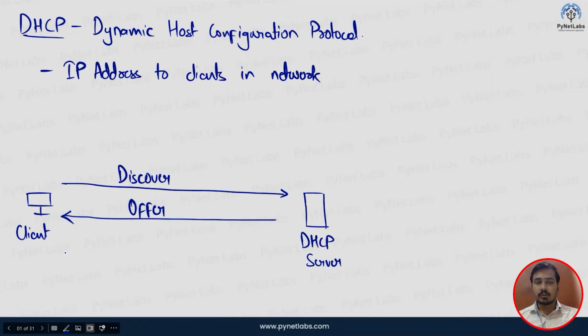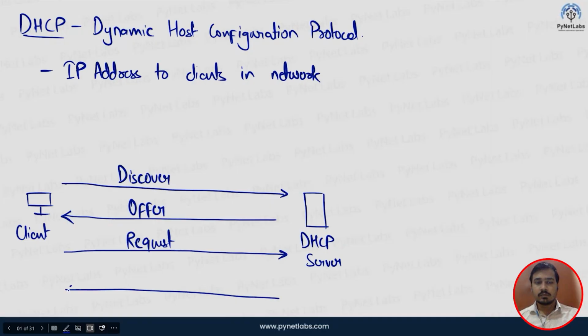If the client is okay to use that IP, it sends a request message back to the DHCP server, and the DHCP server in turn sends the acknowledgement. With the acknowledgement, the particular IP is allocated to the client. So this is how DHCP works.